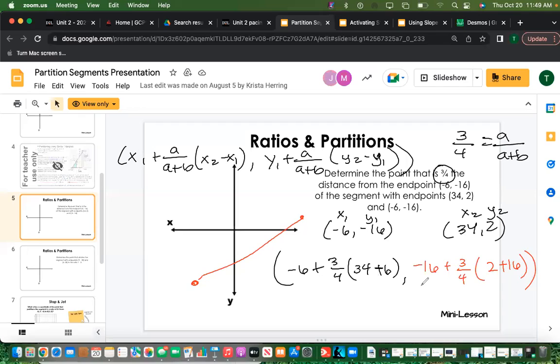So why is 3/4 equal to that? The 3/4 is taking the entire distance and chopping it 3/4 of the way along the line segment. Where is that 3/4? That's what we're trying to find.